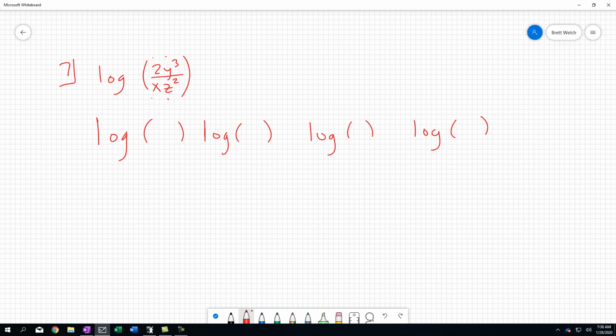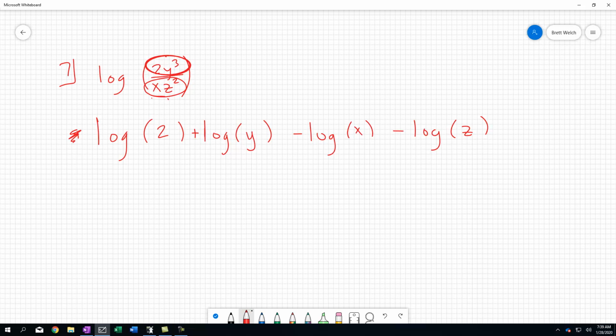As I put them in here, the 2, the y, the x, and the z, there are a couple things to be aware of. First, if it comes from the numerator, it's positive. So this log at the beginning would be positive, but I don't need to put a positive sign there because it starts with a positive automatically. The next log, which would be my y, should be a positive log. Then the x and z logs, because they come from the denominator, should be subtractions.